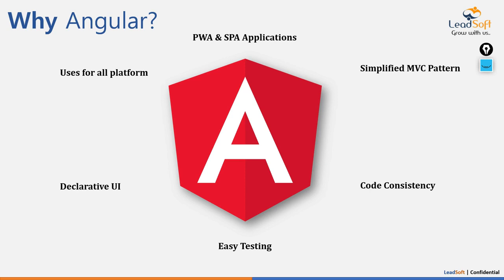If your application has a specific theme or declarative UI, in that case we can choose Angular and execute with that data very easily. So this is an introduction to Angular, and this is why Angular is used so well nowadays.